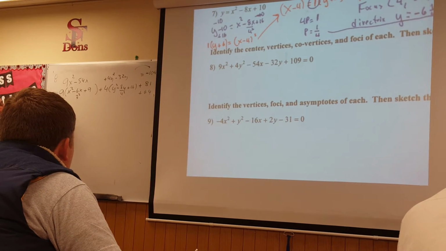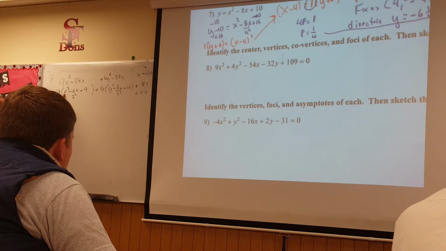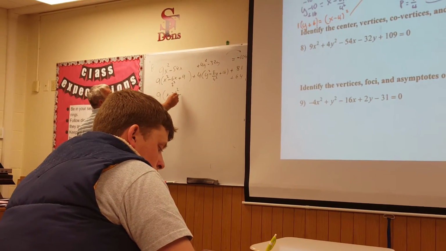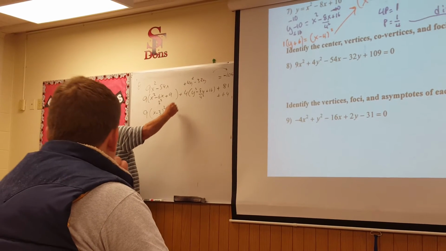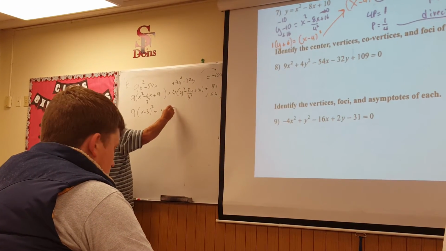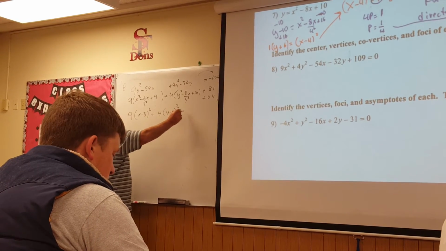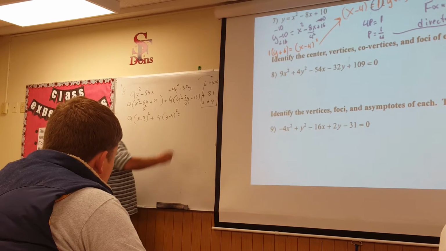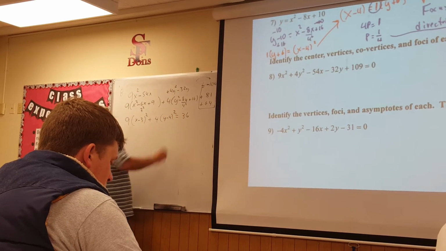Now remember, it's x minus 3 squared plus 4, and that's y minus that 4 squared equals, when you add these numbers together, you get 36.